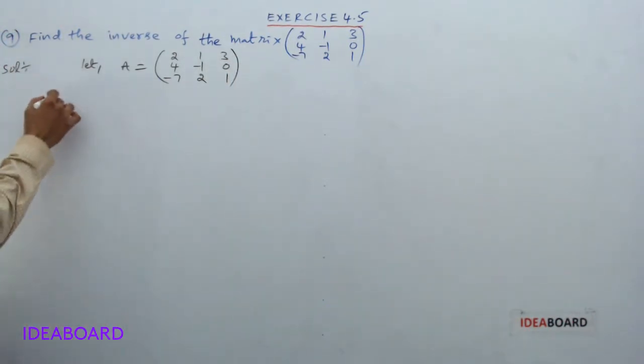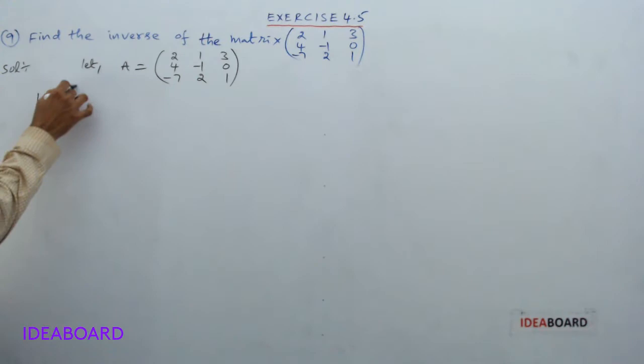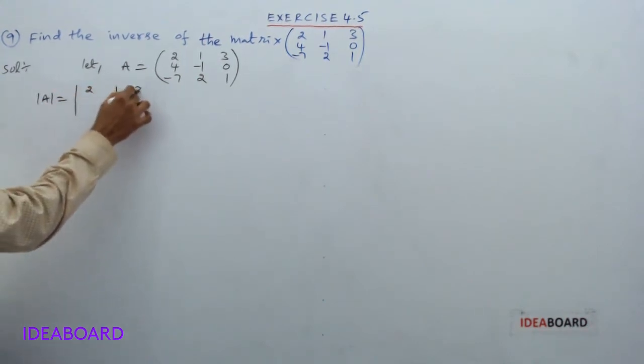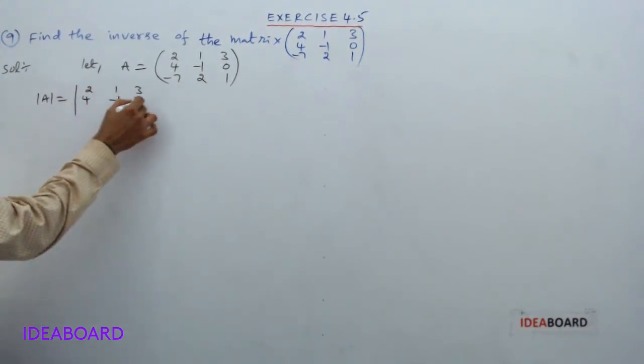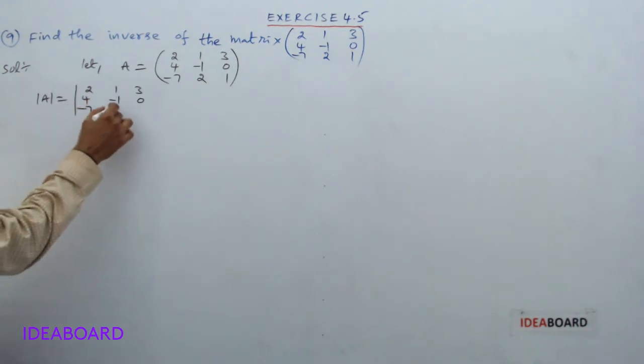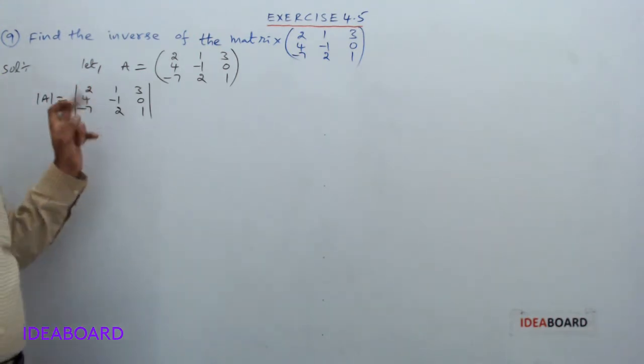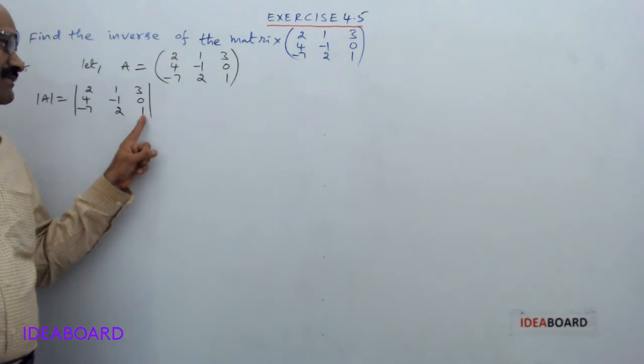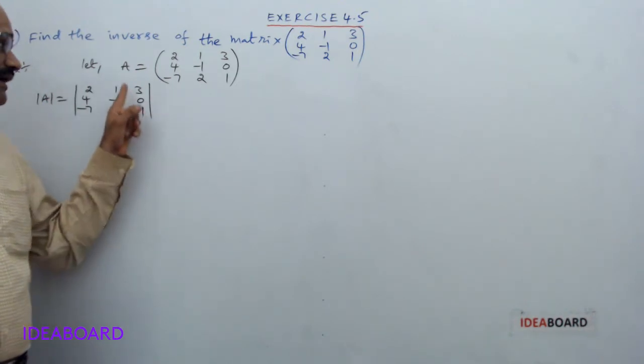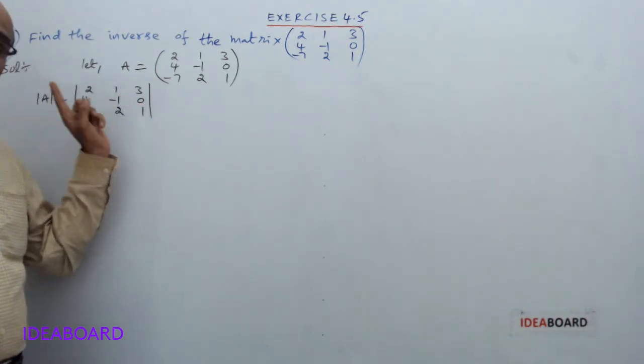Now det A equal to the determinant of 2 1 3 4 minus 1 0 minus 7 2 1. Whenever we have a 3 by 3 matrix, to find the determinant of this matrix we can expand along any row or along any column.